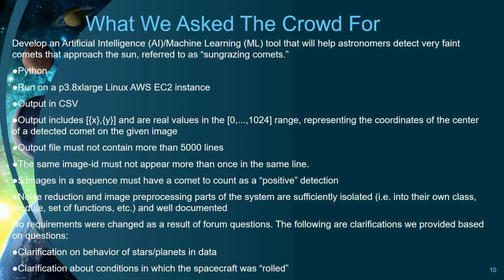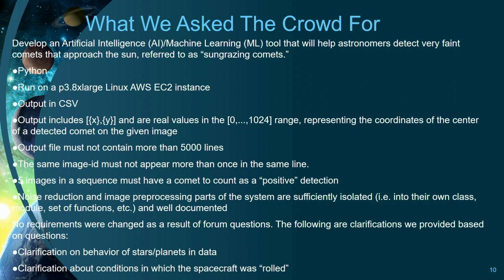So what we really asked the crowd for, and believe me, it was a really difficult process. It took us some time to understand the different languages between the different AI/ML communities in heliophysics, Topcoder, and LISH. So this is our final wrap-up on how we placed it. We definitely wanted to do everything in Python, so whatever is the product of this competition will be available and usable for free by everyone.